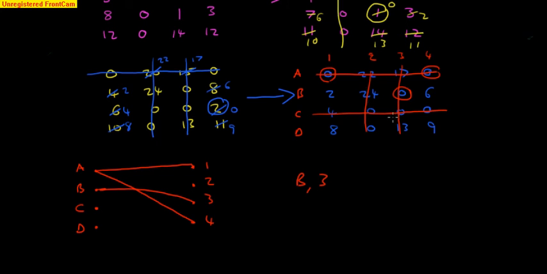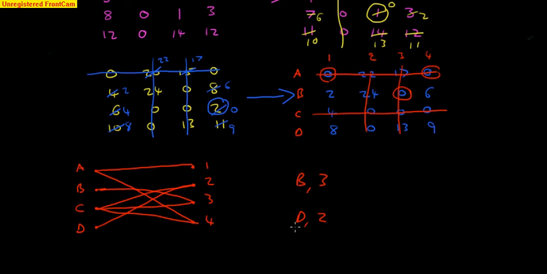Person C can do 2, 3, or 4. Person C can do that one, or that one, or that one. And person D can only do activity 2. Well, if person D can only do activity 2, D is definitely doing 2.